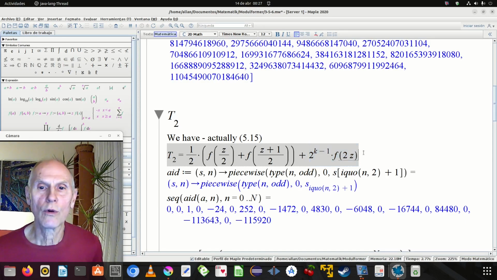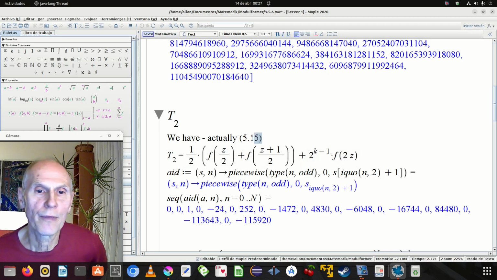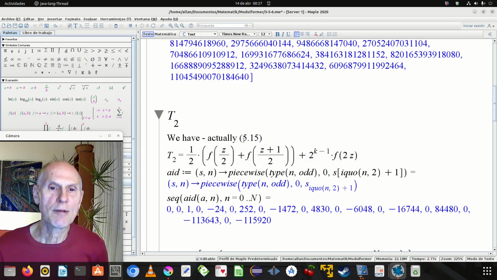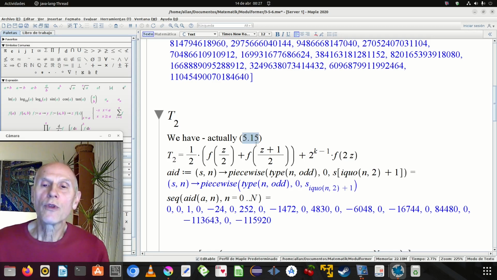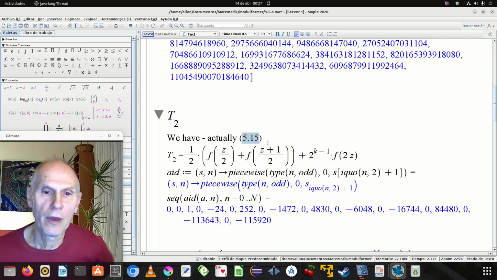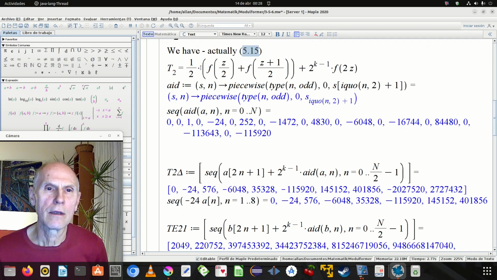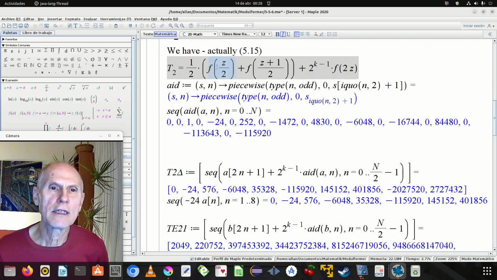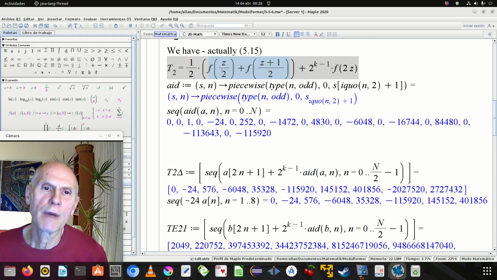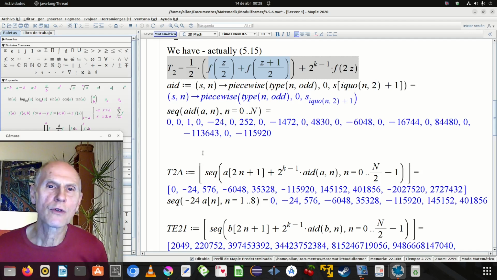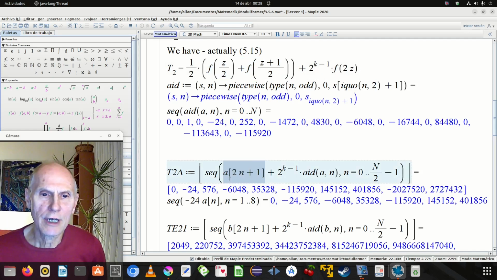This is, of course, all the formula 515 with capital N equals unity. But I needed to work through this once again. This one only takes the even coefficients and puts, say, a4 is mapped to the coefficient of q squared. And that's what happens here.